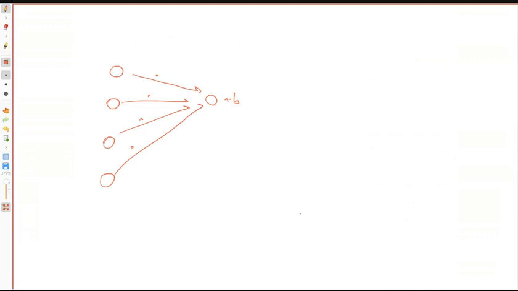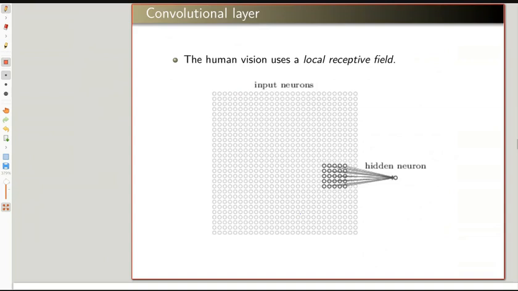Okay. Now, since we have now the spatial relation, you see this picture is the same as before. This is the output neuron, but simply these neurons, the input neurons, are still in their rectangular shape.